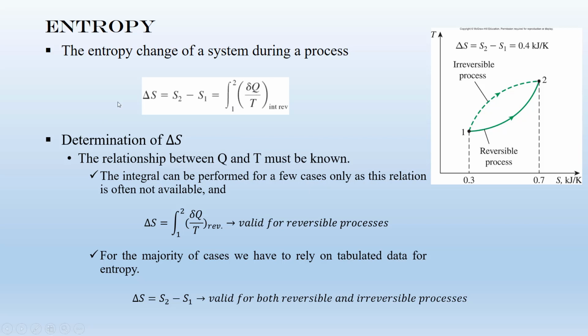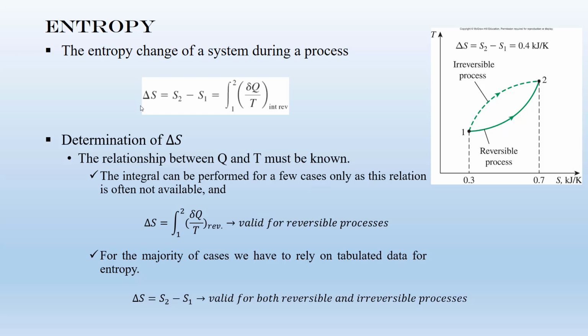If you have the relationship between Q and T, you can substitute into this integral, and then you can calculate the integral to get the delta S. The second method, if you have the property tables, you can find S1 and S2, and then you can find the delta S.